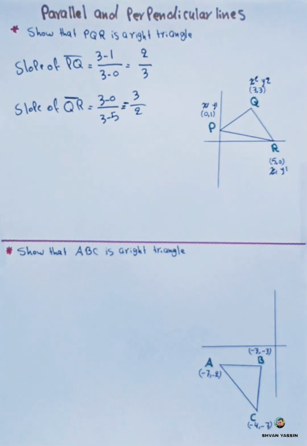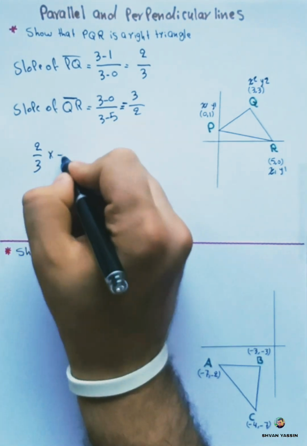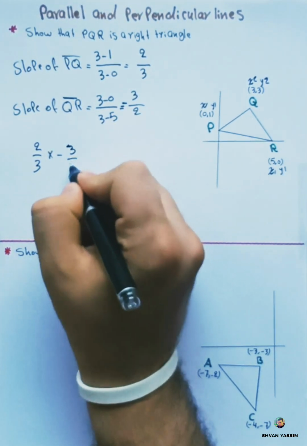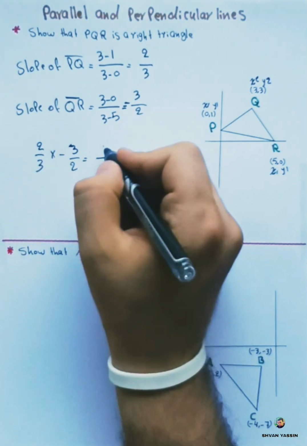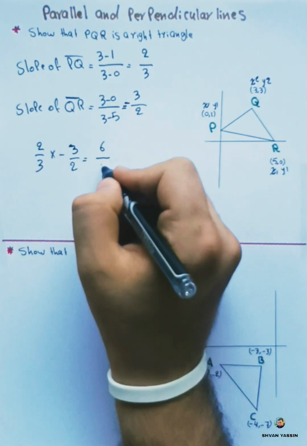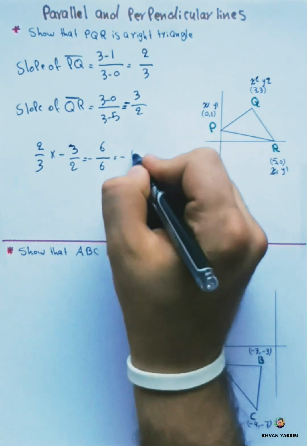So when we multiply these two slopes, 2 out of 3 multiplied by negative 3 out of 2, we will get 2 times 3 equal to 6, 3 times 2 equal to 6, and then negative 6 out of 6 equal to negative 1.